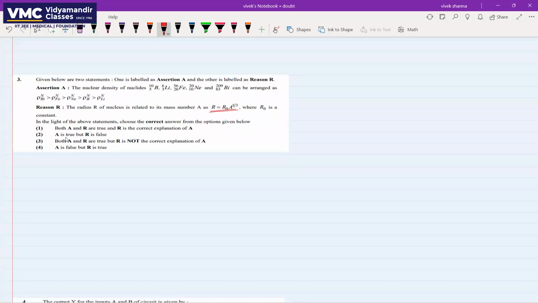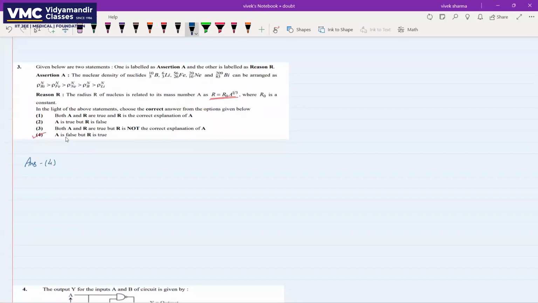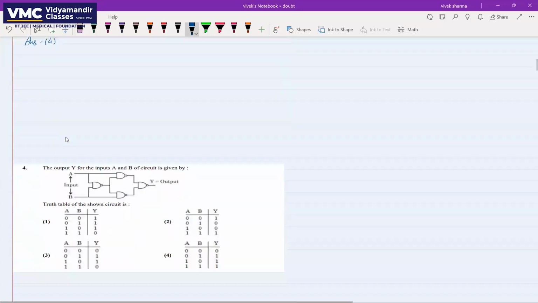So assertion A is false, but reason R is true. So the correct answer will be 4.